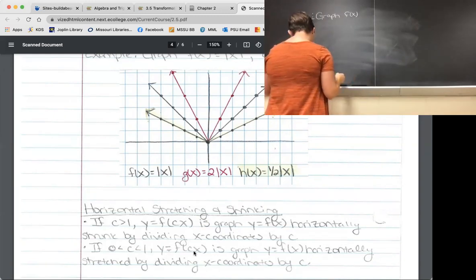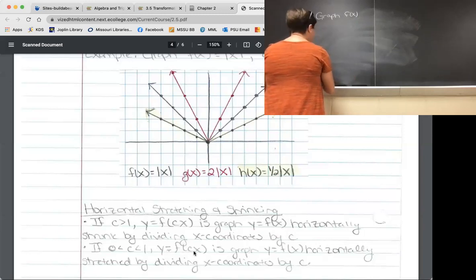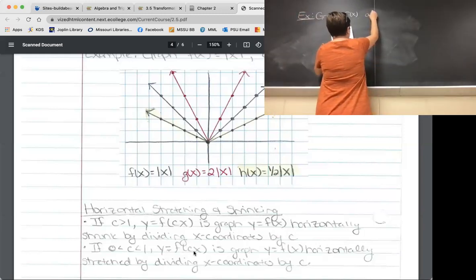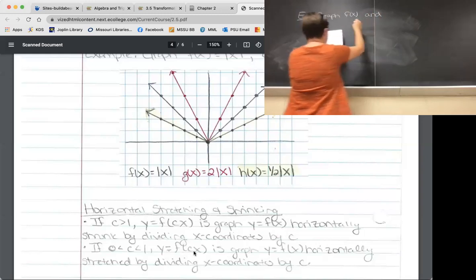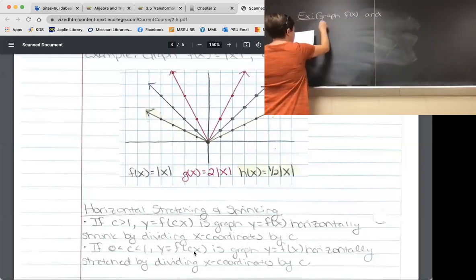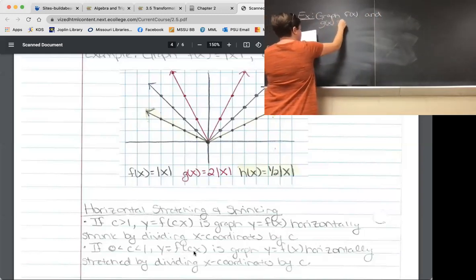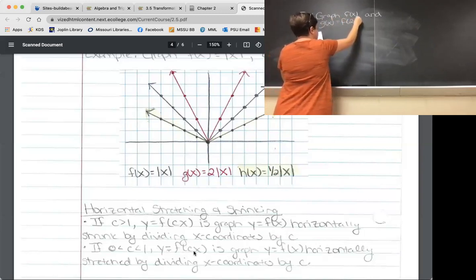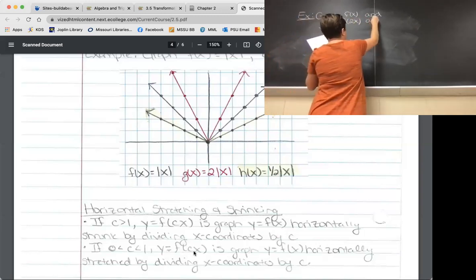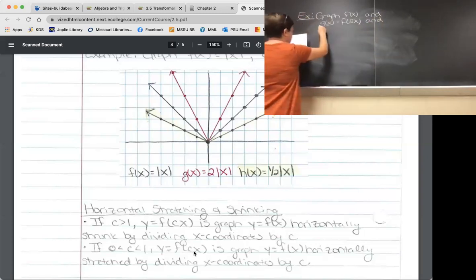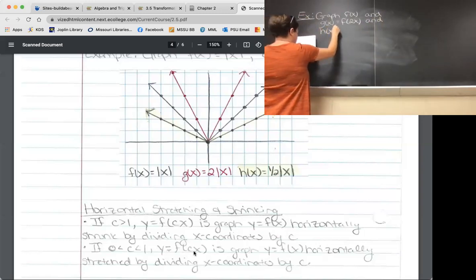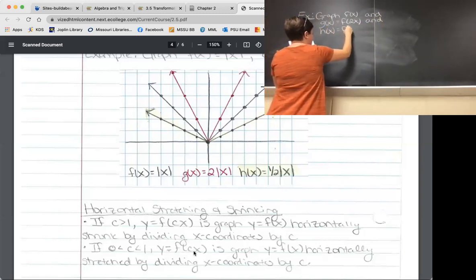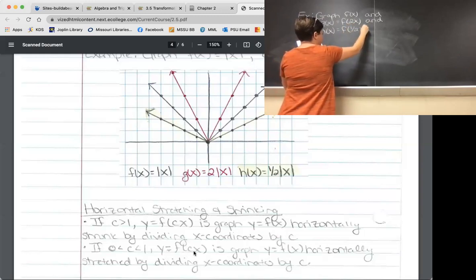We're going to graph f of x, and then we are going to graph g of x, where g of x equals f of 2x, and h of x, where that's f of 1/2 x.